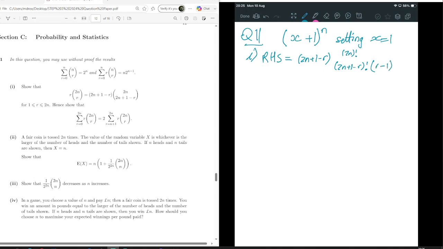So that's (r-1) factorial. So that these two terms on the bottom should add up to the total power, which in this case is 2n, which indeed they do.